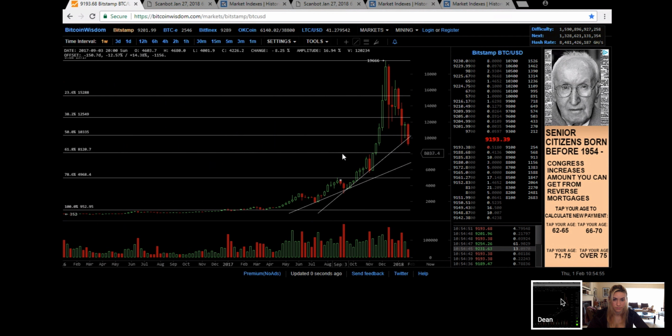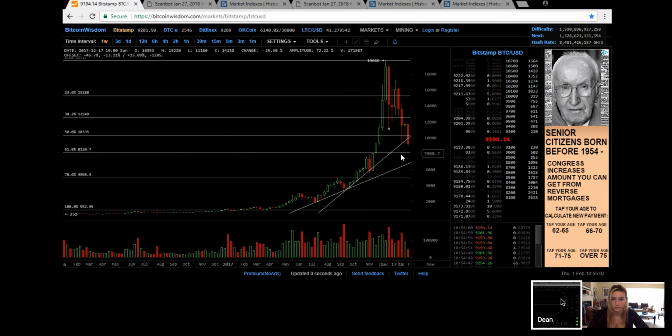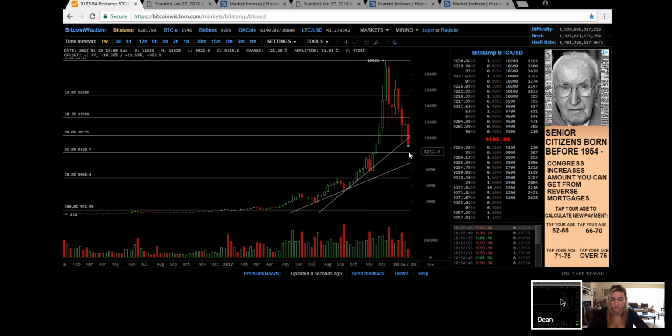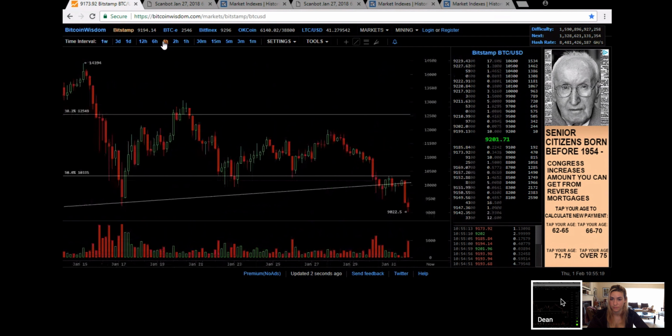But right now, we are dropping through that 10,335 Fibonacci line, headed down to approximately this one at somewhere around 8,131, 8,120. I'm going to bring up a little more detailed screen by looking at the 4 hour.